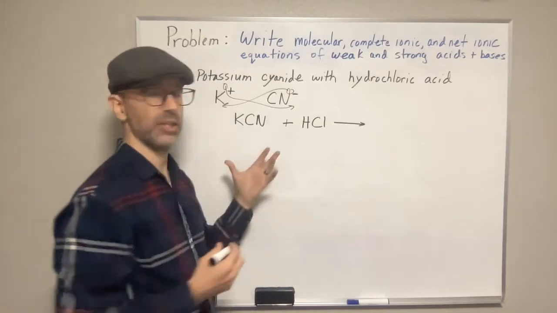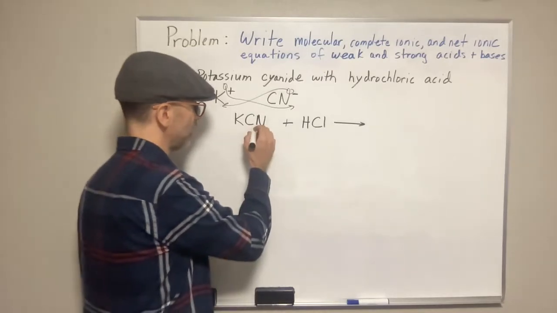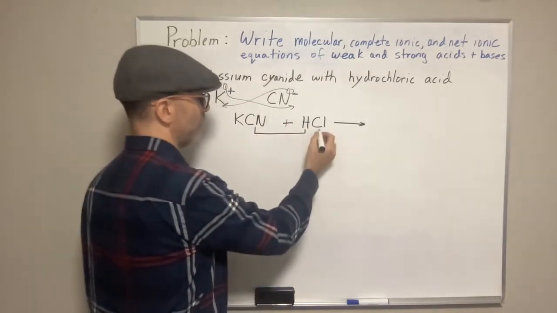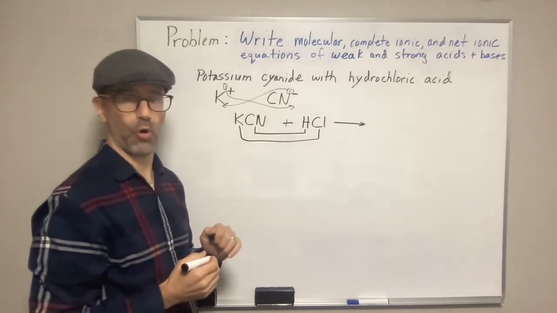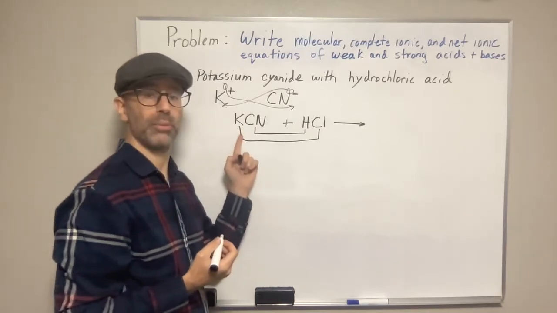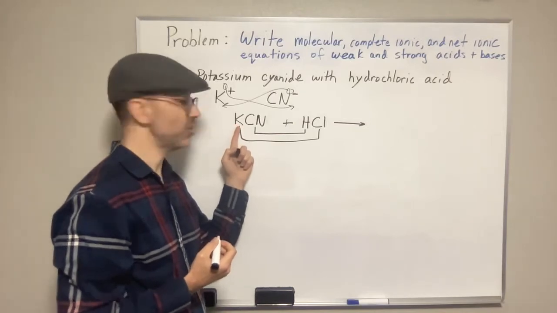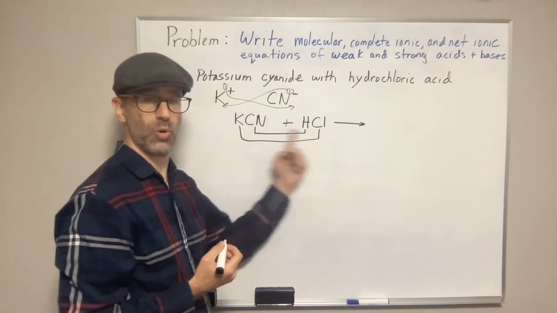So how do you find the products for a double displacement reaction? Well, you take the ions in the inner part, you put those together, and you take the outer ions and you put those together, and you form your formulas from there. And again, when you write the formula, you got to balance the charge. Potassium has a +1 charge, chloride has a -1 charge, so that's 1-to-1.